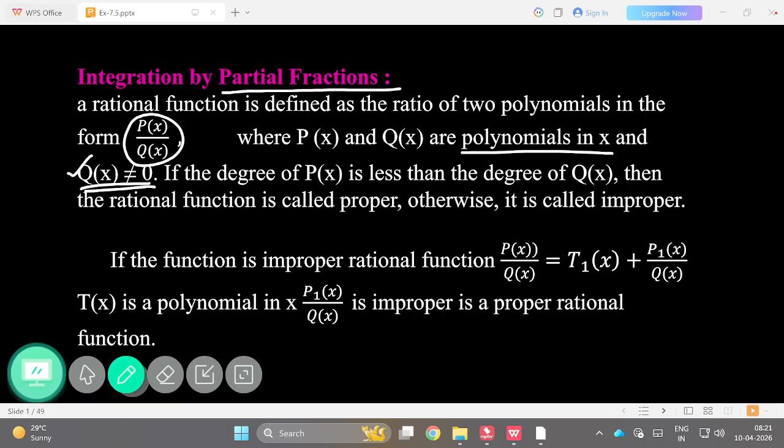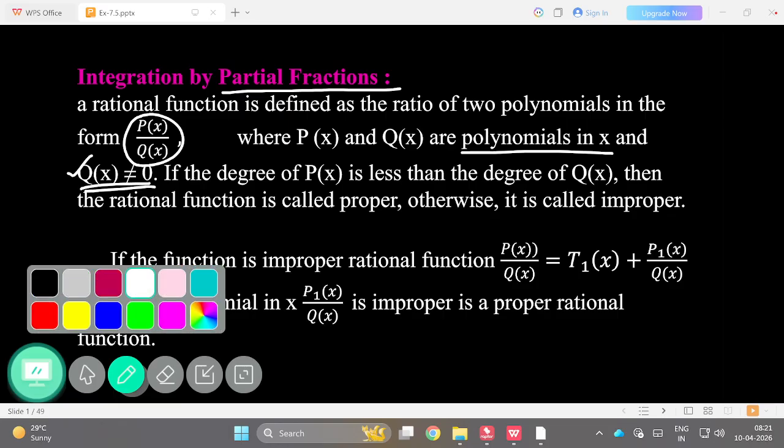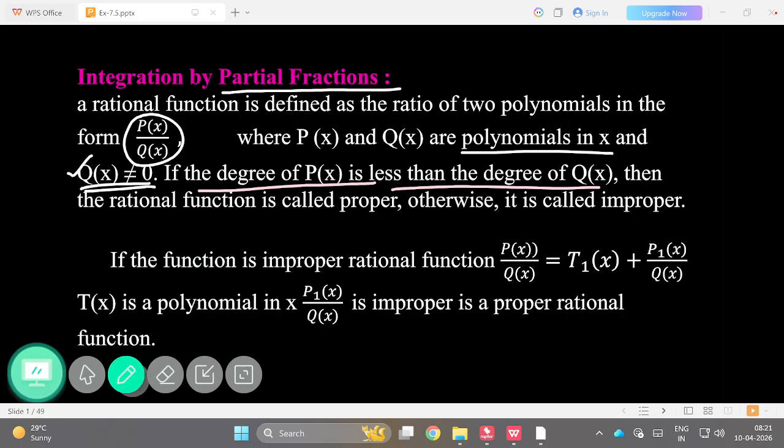This is a very important point: if the degree of p(x) is less than the degree of q(x), which means the power of x in the denominator should be greater than in the numerator. So the power of x in the numerator is always less.